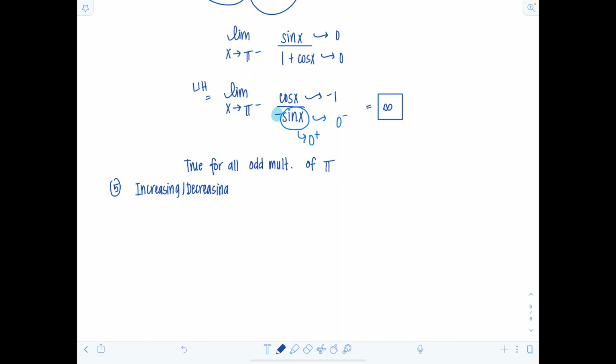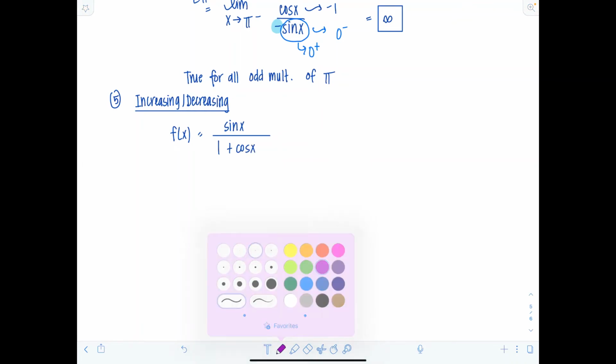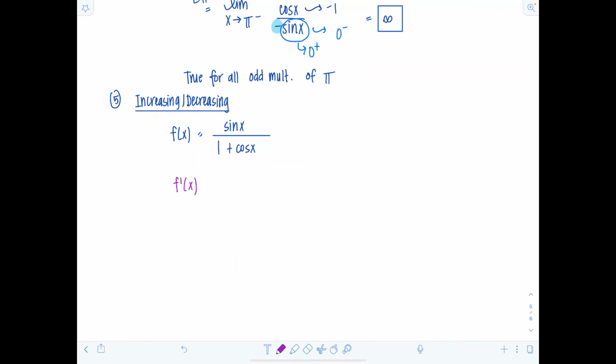It's time to take a derivative. Maybe that's going to seem relaxing after all this. Who's to say? So f of x is sine of x over 1 plus cosine x. Quotient rule time again. So f prime of x is low, d high, derivative of the numerator is just cosine x, minus high, d low.